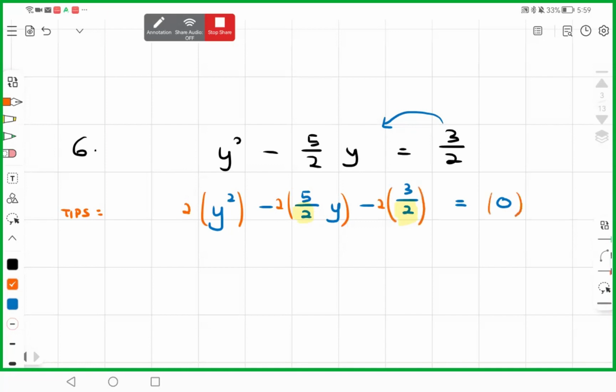At the back, we actually need to times 2 also, but 0 times anything is equal to 0. After we times 2, we get the new equation, which is 2y squared minus 5y minus 3 equal to 0.